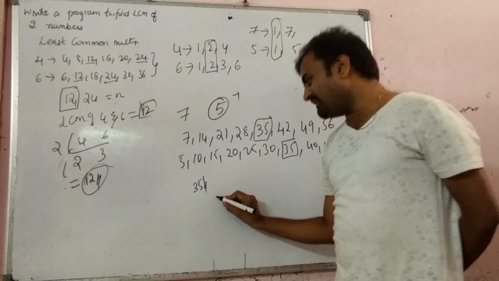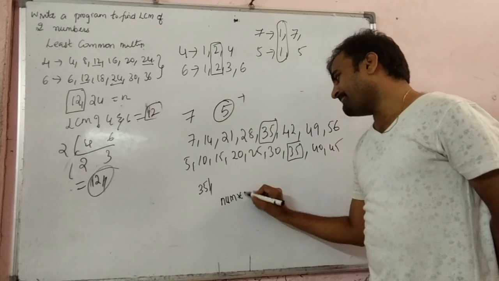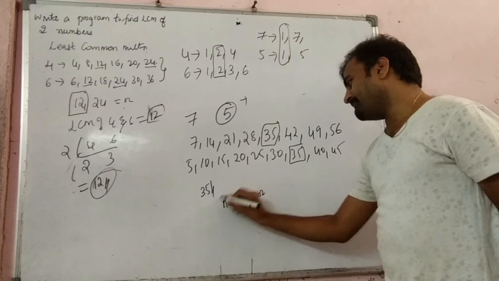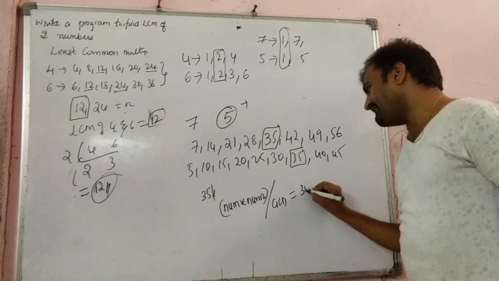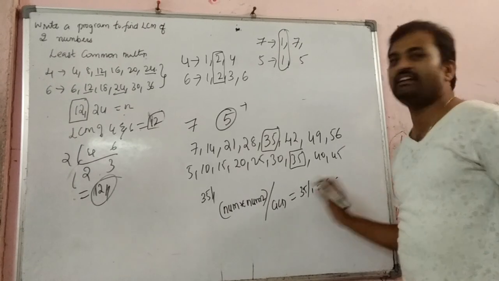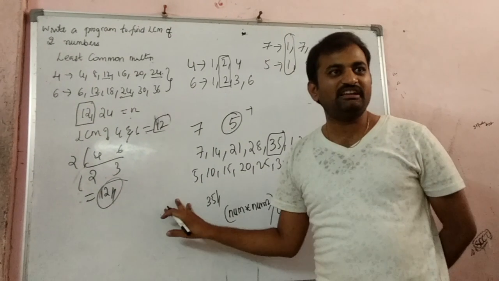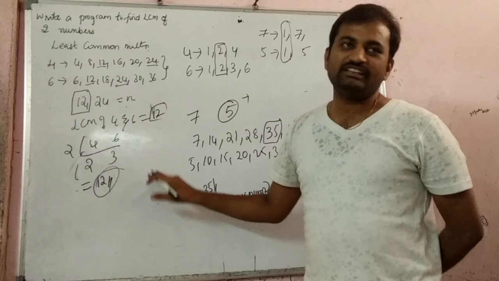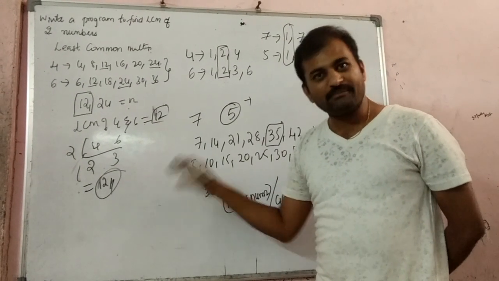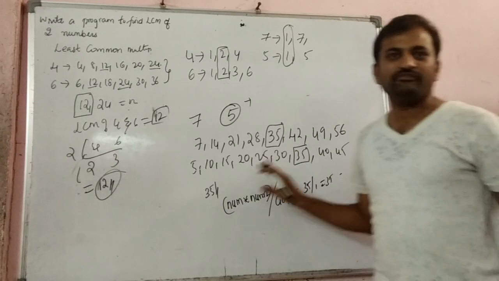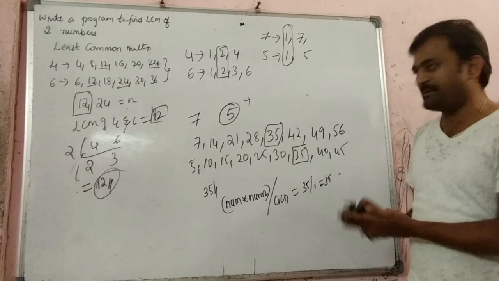So our formula num1 into num2 by GCD is 35 by 1, and we got the answer. That means the formula we have taken is right for even or composite numbers, a prime and a composite number, or when both are prime numbers.